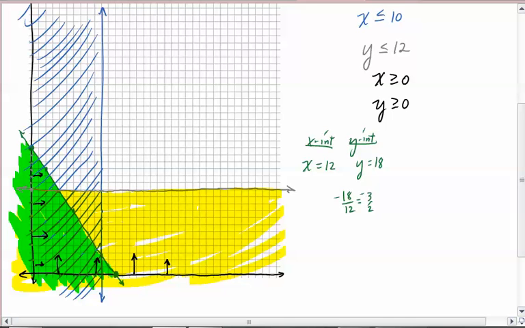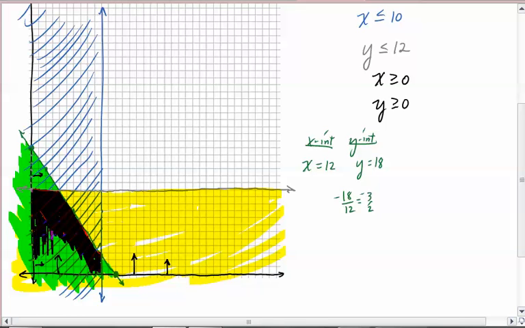So I'm going to go ahead with another highlighter, and darken in what has yellow, blue cross-hatching, and green. Okay, so this is my feasible region.